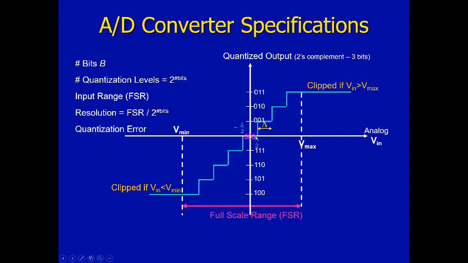The maximum quantization error then, if this whole range of input voltages gives me the same digital output, could be half of one of these steps. If one of these steps has a distance of delta, then delta over 2 is the maximum error in my quantization operation.